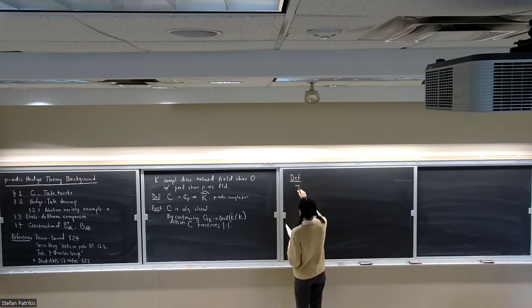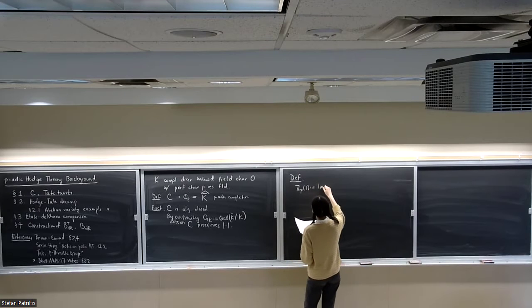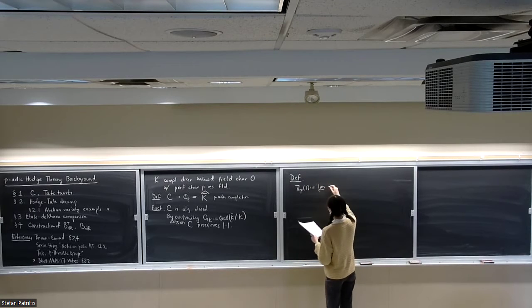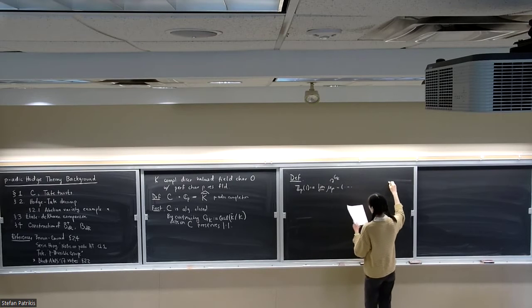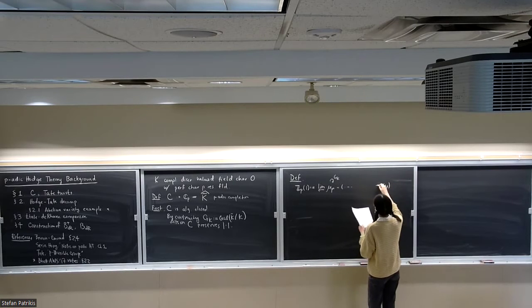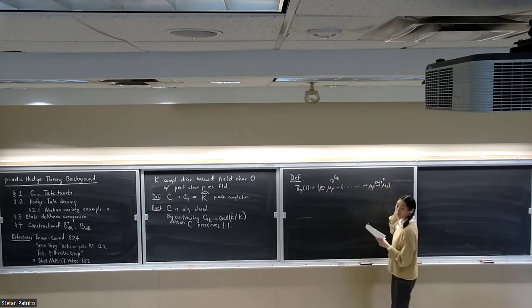So the first Tate twist, Z_p(1), is going to be the inverse limit of the mu_{p^n}'s with the Galois action on them. And so this is like thinking about mu_p and then mu_{p^2}, with the transition maps being exponentiating by p.